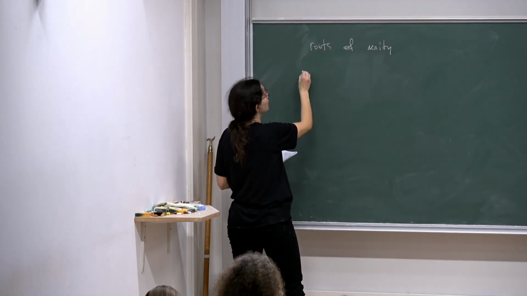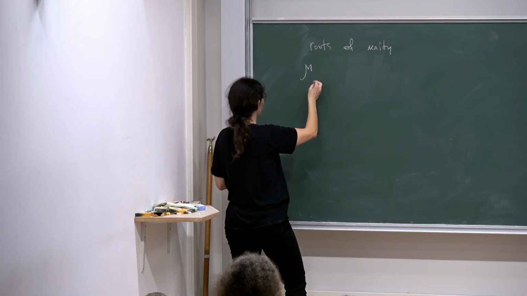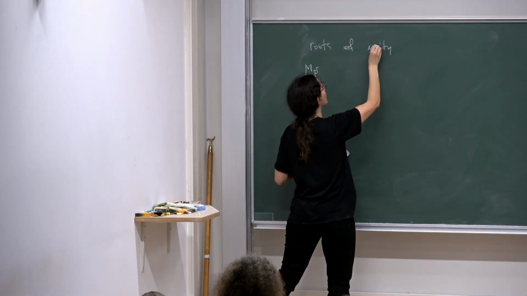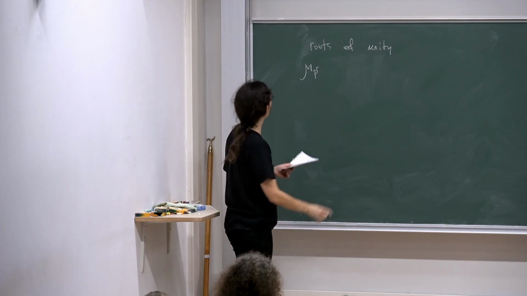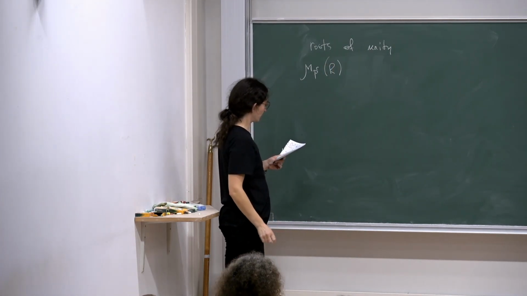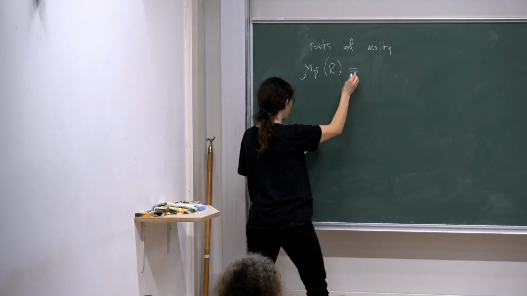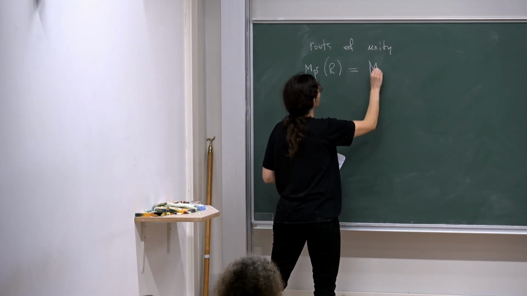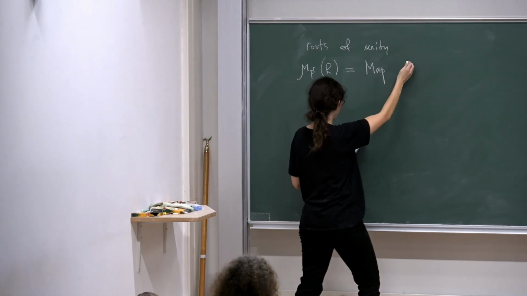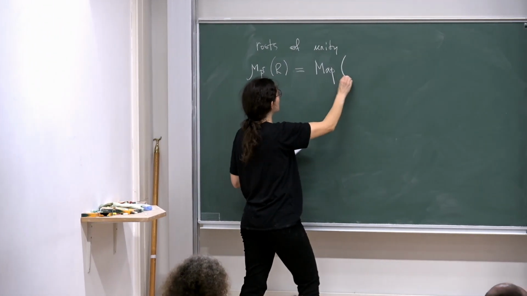Let's just look at this p to the r because that's the thing we had. So the p to the r roots of unity in some ring R, wherever that is. Well, it's a functor that's co-represented.